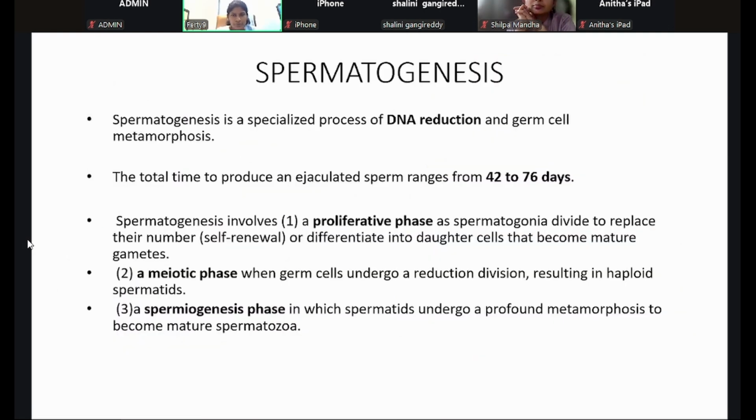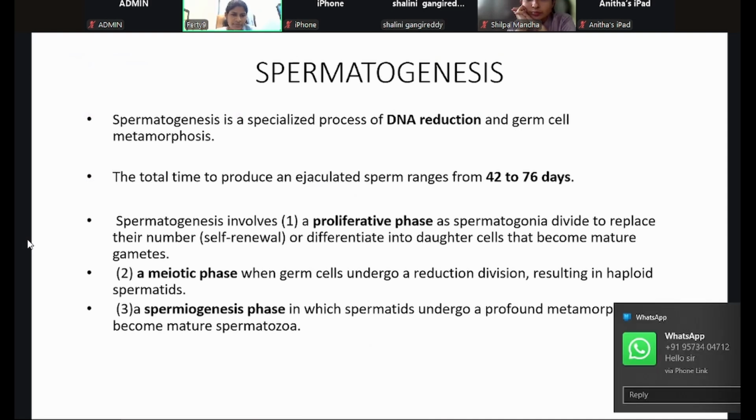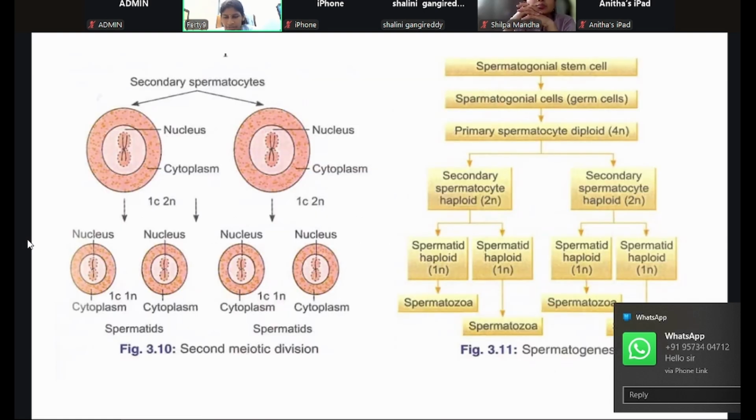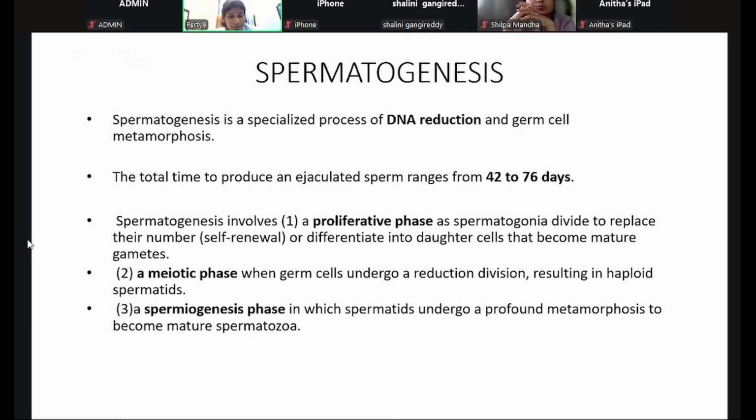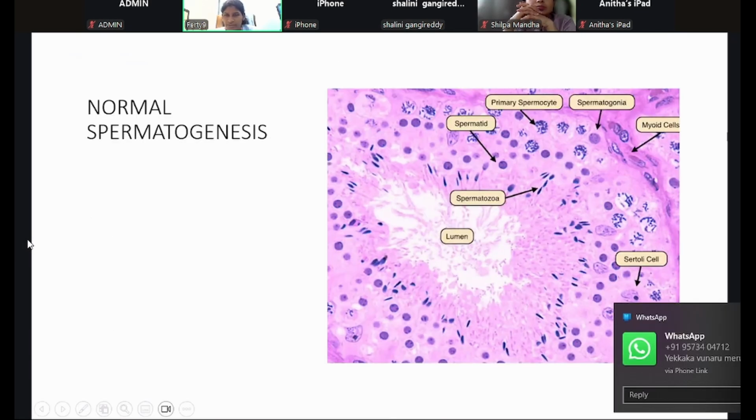It usually takes around 3 months. It has different phases, as I told: mitosis, meiosis, and spermiogenesis. Spermiogenesis is when the spermatid becomes a spermatozoa. Many things happen in spermiogenesis, and I'll tell you.